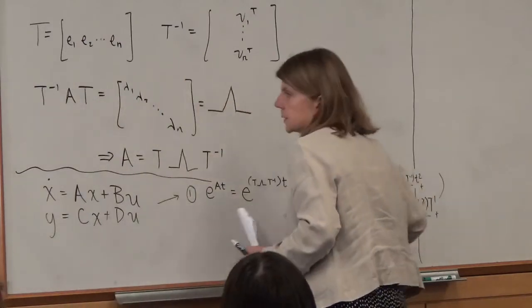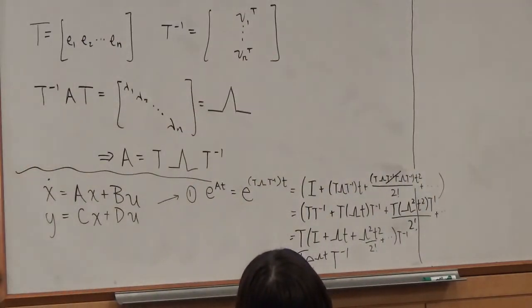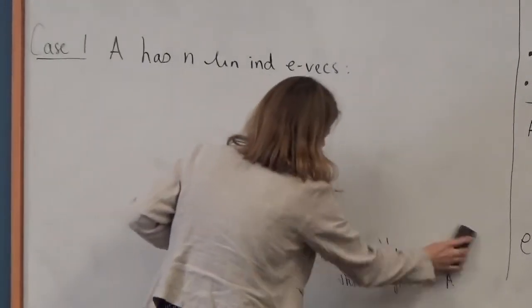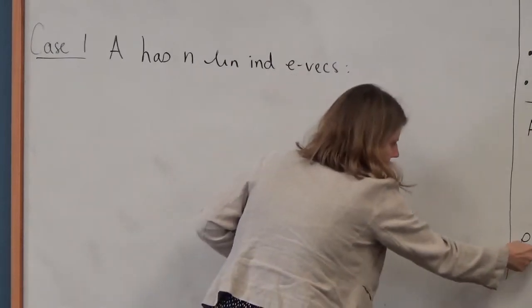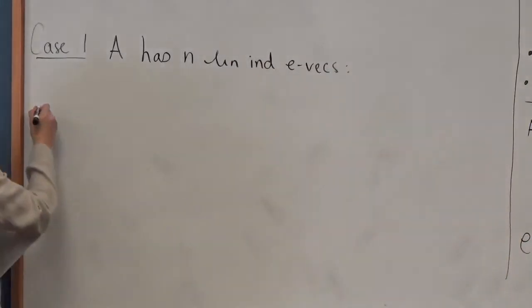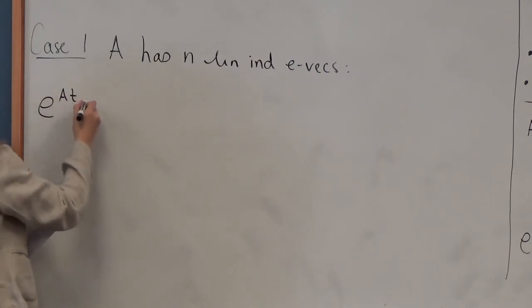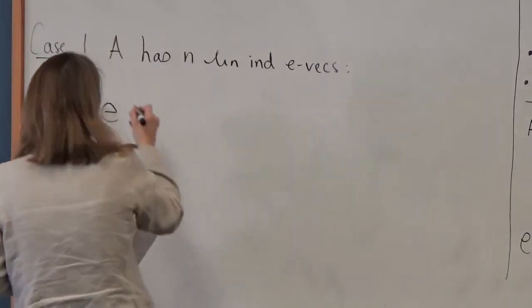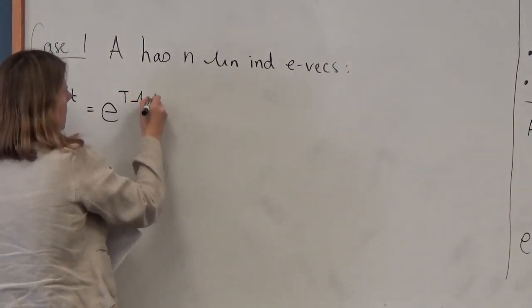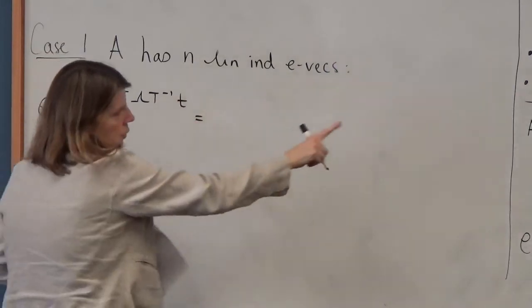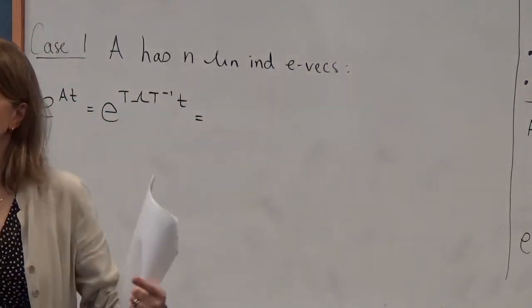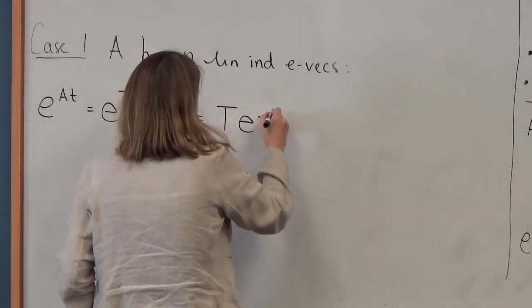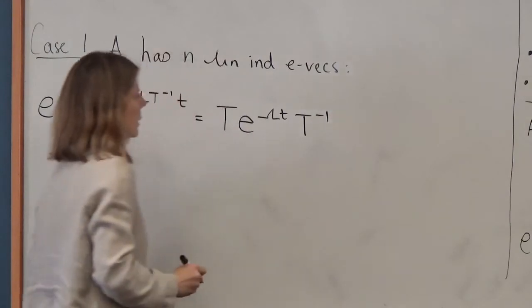Okay, so that's one reason why similarity transforms for case 1, when A has n linearly independent eigenvectors, are good. Let's summarize what I said under case 1. I'm saying that I can write e to the At as e to the T lambda T inverse t, which, after expanding into its infinite series and then contracting again, I can write as T e to the lambda t T inverse.